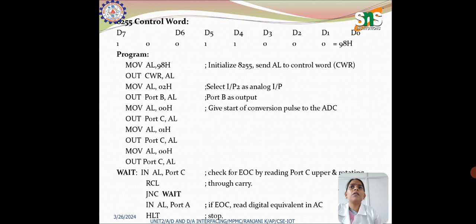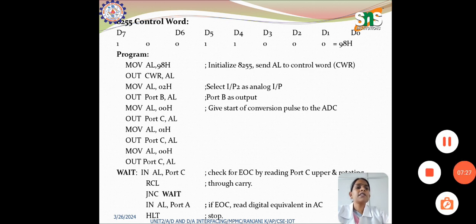These chips do not contain any internal sample and hold circuit, and it has to be externally connected to each analog input. There is a program about the 8255 control word, where MOV A, 98H initializes the 8255 with the required port directions. We will see this program in detail in the next class. Thank you.